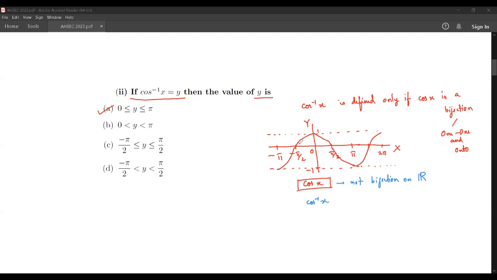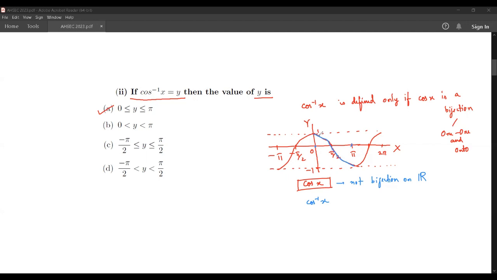So what we do is we restrict the domain of cos of x such that it becomes a bijection. We can restrict in so many ways. So let me restrict from 0 to pi. Within this, your cos function will be something like this blue line.